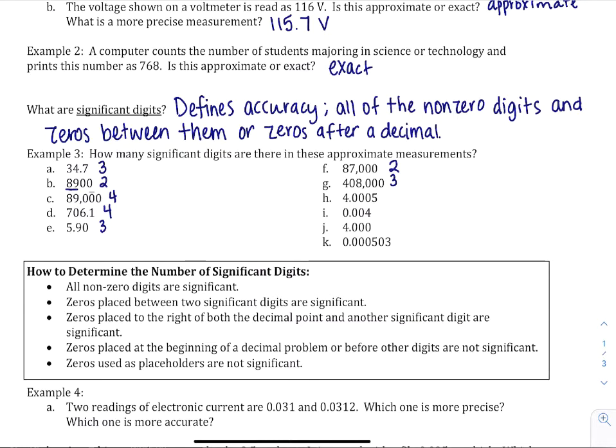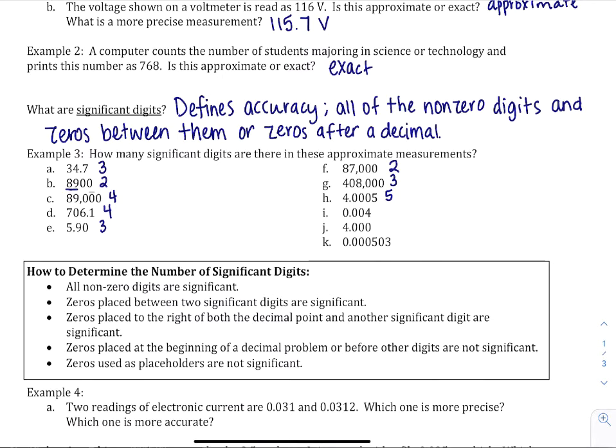Now in H, you have a 4, then some zeros, and a 5. Since all of those zeros are between significant digits, they all count. And so this one will have 5 significant digits. Letter I, all of the zeros that are before the 4 won't count. And this is one of the weird things.